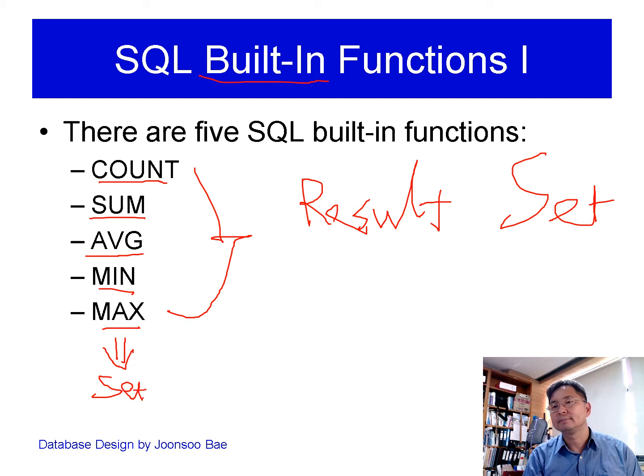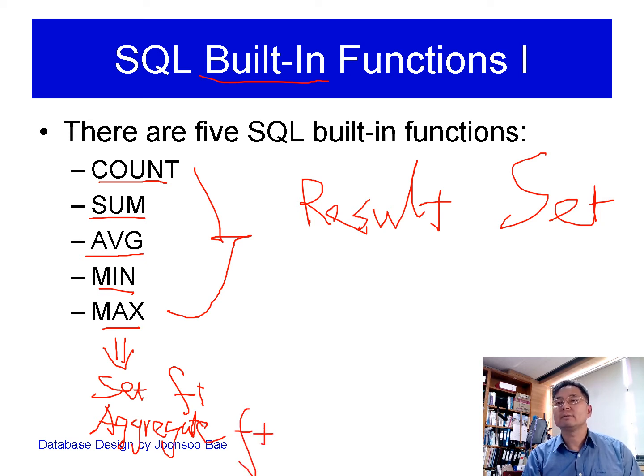Set functions or aggregate functions. Okay, so that means that this built-in function will be applied to the result set of the first processing. So we need some set of data to apply these built-in functions.